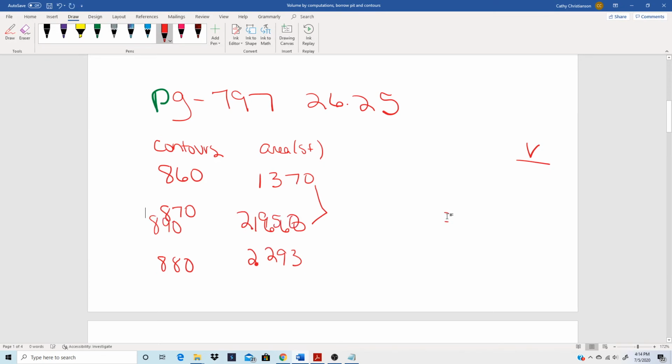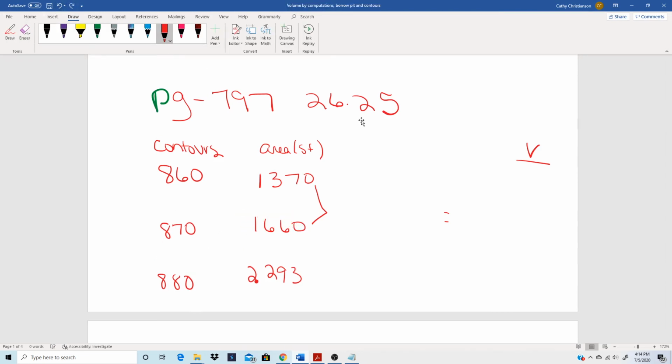Let me do that. Okay, so if they want the volume in acre foot, I would go ahead and put these in acres. So that would be dividing it by 43,560. So I'm going to go ahead and do 1370.